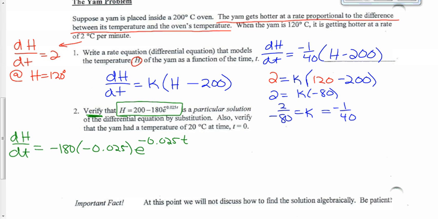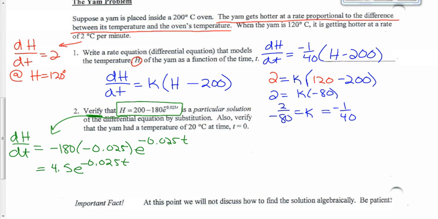So I can simplify that, and negative 180 times negative 0.025, you need to check my work, I believe is 4.5 e to the negative 0.025t. So that's what dH/dt is for this particular H. And again, that's for that H that's in green.